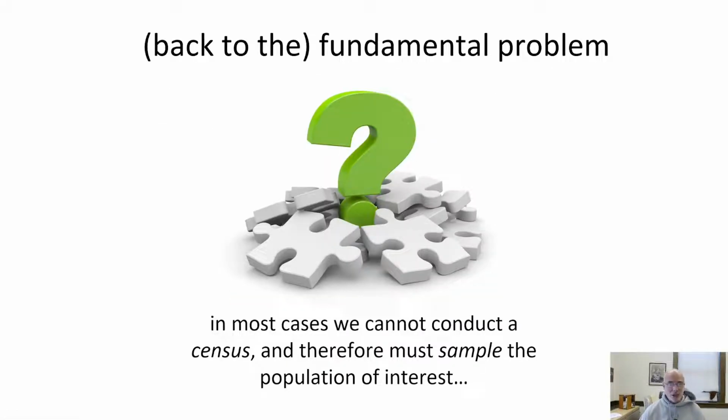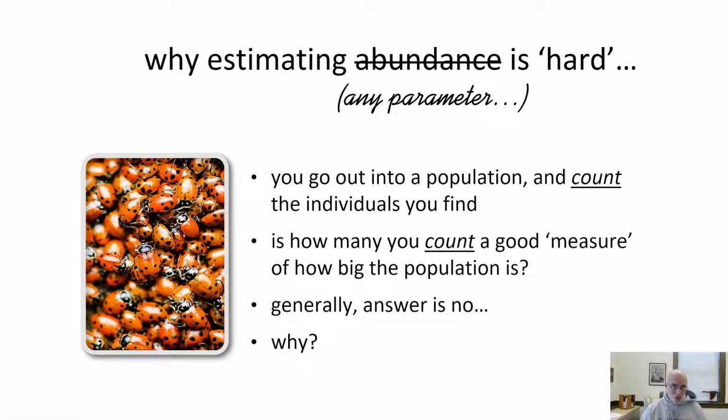Okay, so again, back to the fundamental problem. In most cases, you cannot conduct a true census, and therefore you're sampling the population of interest. So why is estimating abundance hard, or in fact, as is indicated up here, any parameter? So here's the basic problem, okay? You go out into a population and you count the number of individuals you find in your sample.